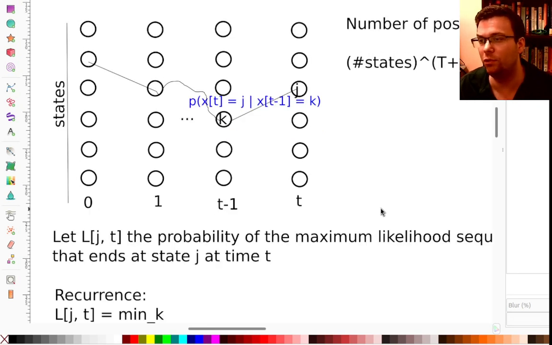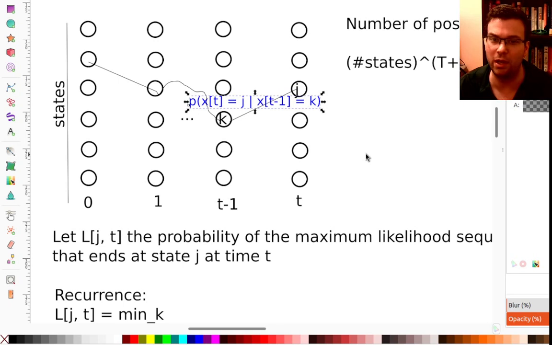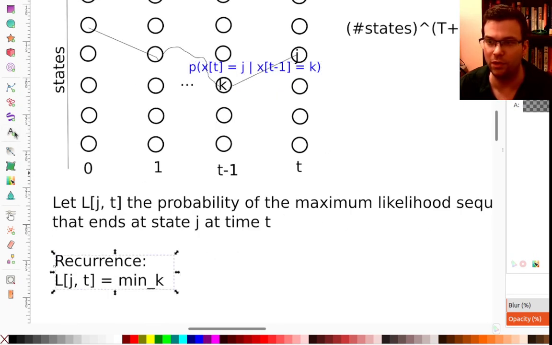And so I know how to do that, and now I just have one more step. I'm insisting that you end up in J. So I'm simply going to multiply by the transition probability of ending up at J. So looking over all possibilities of where I could have come from, the probability of the best path to get there, that's going to be L K, T minus 1. So I have that subproblem.